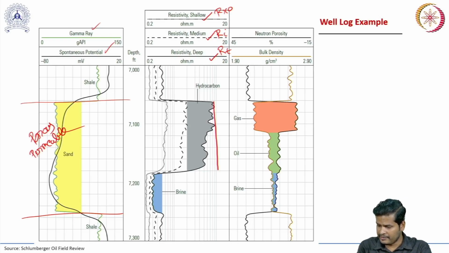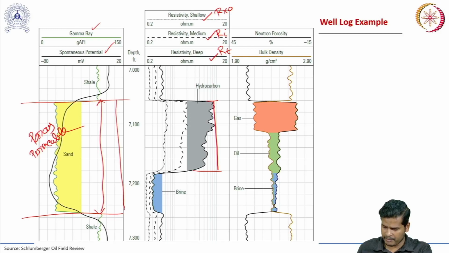Now you can see the deep resistivity values are very high from here to here. If this is a porous and permeable formation according to the gamma ray log and SP log, which we'll discuss in subsequent classes, how we can read them to find out where the porous and permeable beds exist, then the SP log and gamma ray log have told us that this is the boundary of a porous and permeable formation.